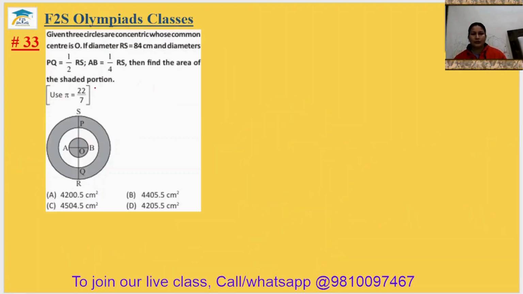Question number 33. Given 3 circles are concentric, with common center O. If diameter RS equals 84 centimeters, diameter PQ equals half of RS, and AB equals 1 by 4 of RS, then find the area of the shaded portion. We have to find the area of the shaded portion. So RS is the diameter of the biggest circle, that is 84.